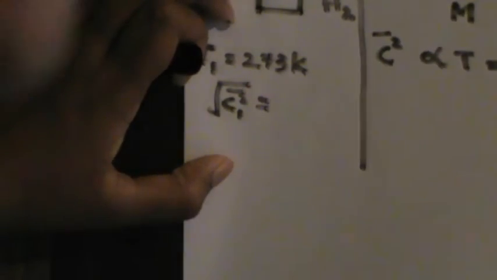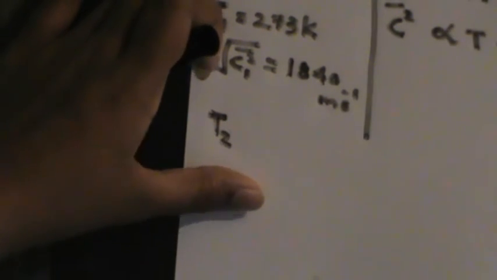So if T1 equals 273, you know that the root mean square velocity at T1 temperature is 1840 meters per second, and we have to find the root mean square speed of this gas at 373 K.